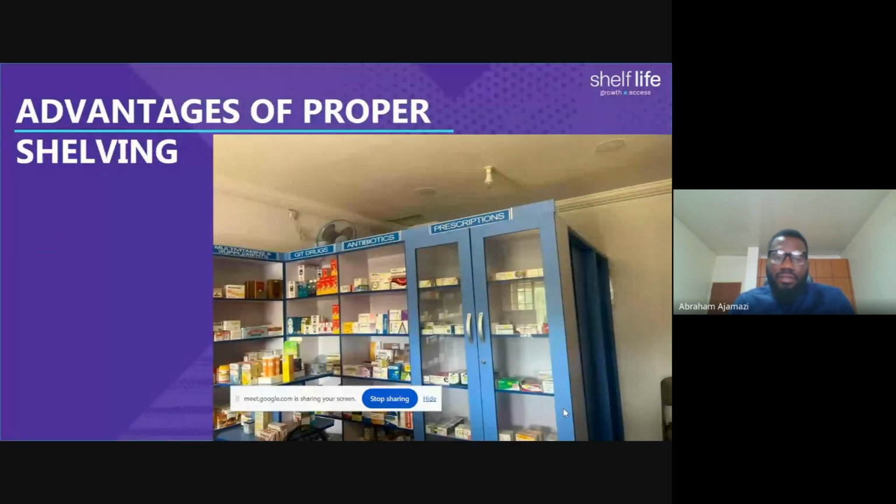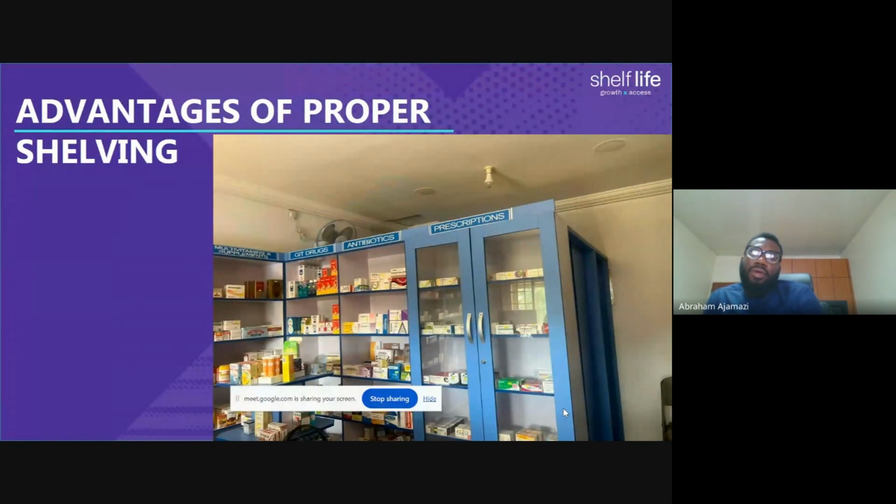So on our next slide, if you look at the picture here, it's a clear example of therapeutic categorization. If you look at this shelf in the background, this shop owner clearly categorized drugs according to their therapies, the solutions that these drugs provide.